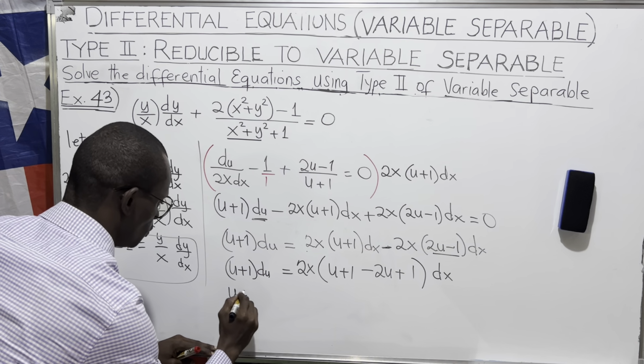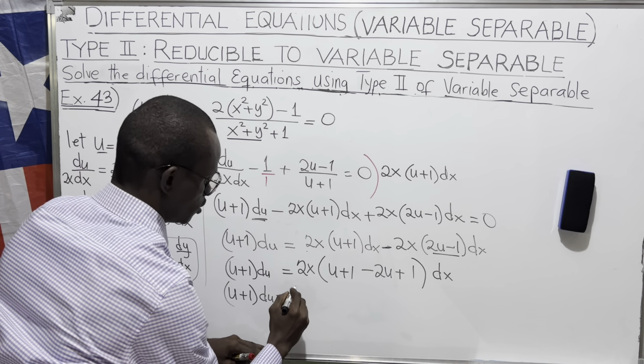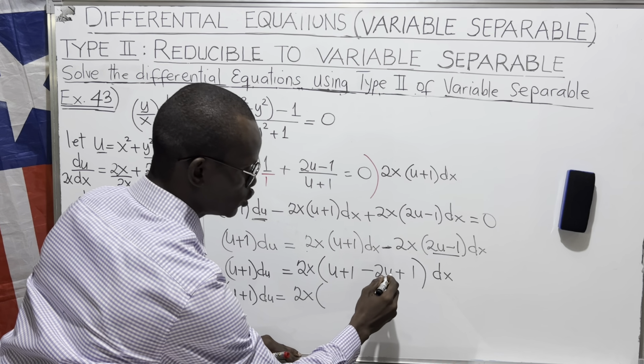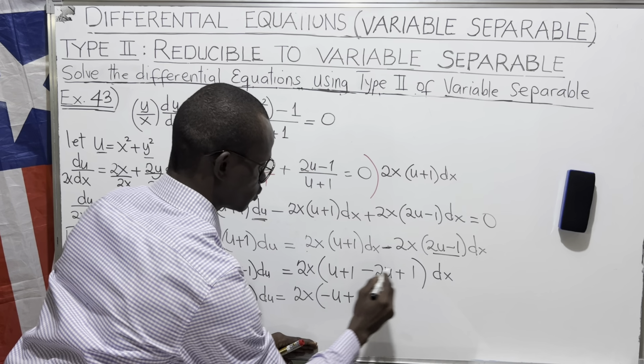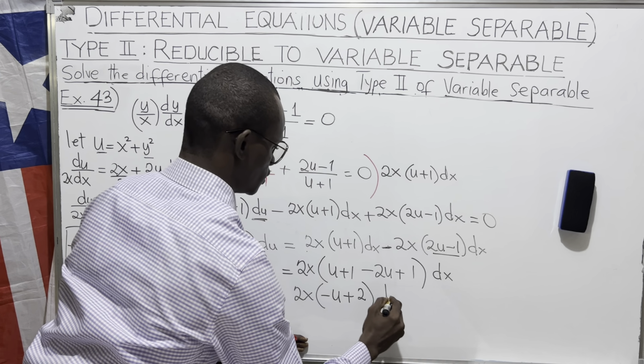So we have (u plus 1) du equals 2x times, now u minus 2u is just negative u, and then plus 1 is 2, dx.